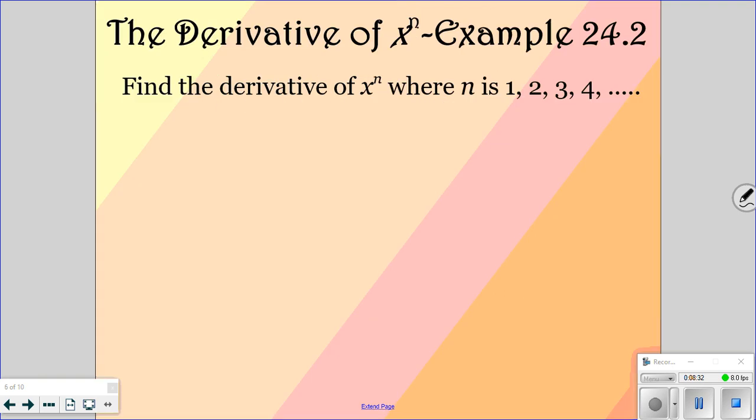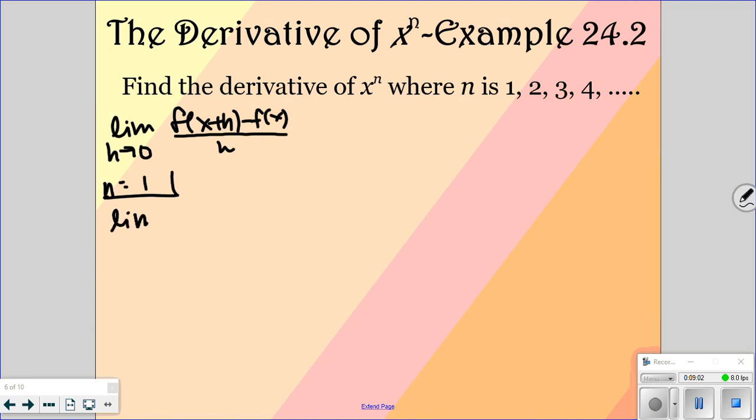Okay, so we're going to find the derivative of x to the n, where n is equal to 1, 2, 3, 4, etc. So we're going to use our same formula that we just used. So the limit as h approaches 0, f of x plus h minus f of x all over h. So this is going to be for n equals 1.